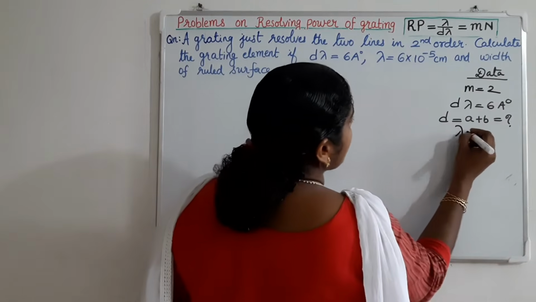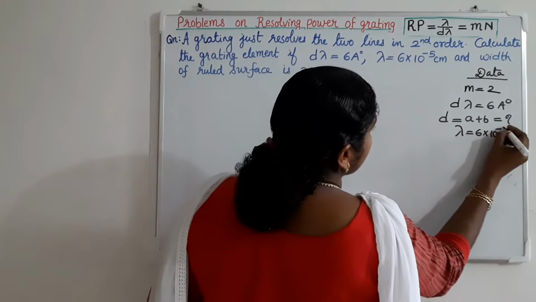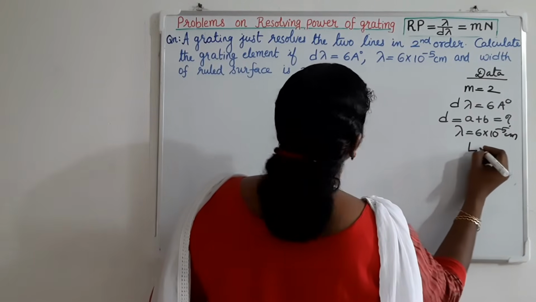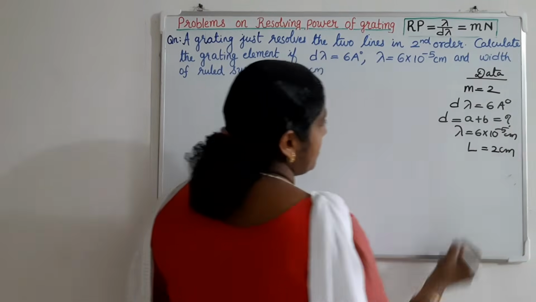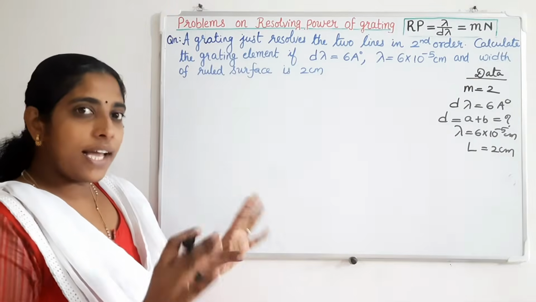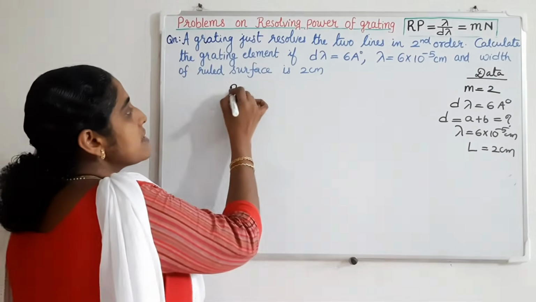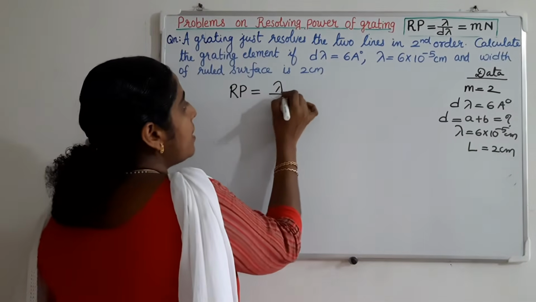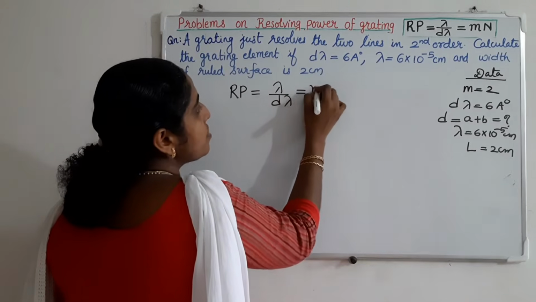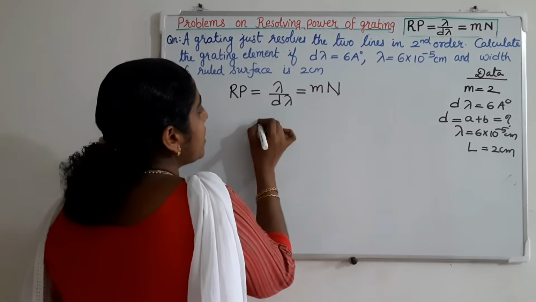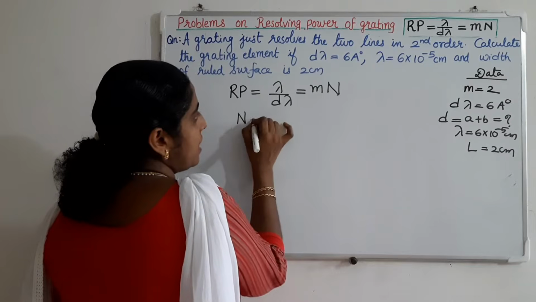Lambda is given as 6 into 10 raised to minus 5 centimeter and width of the ruled surface is 2 centimeter. Here the grating resolve the lines in second order. So from the resolving power equation lambda by d lambda is equal to mN, we can find out the number of lines on the grating.